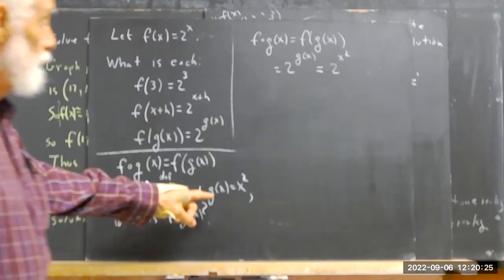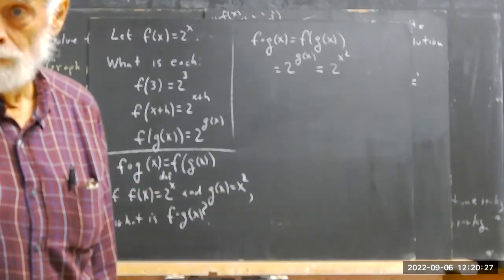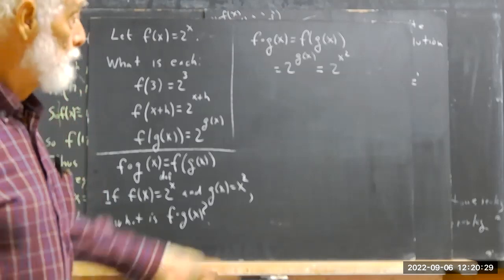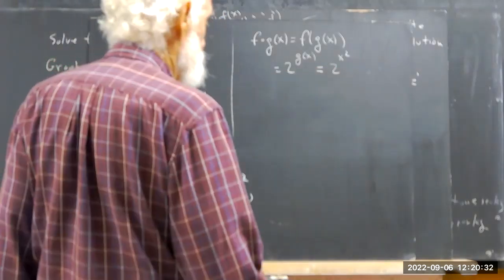Now I could have let g of x equal negative x squared, in which case we'd have 2 to the negative x squared.